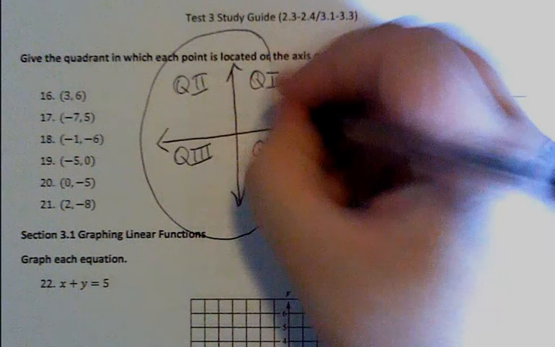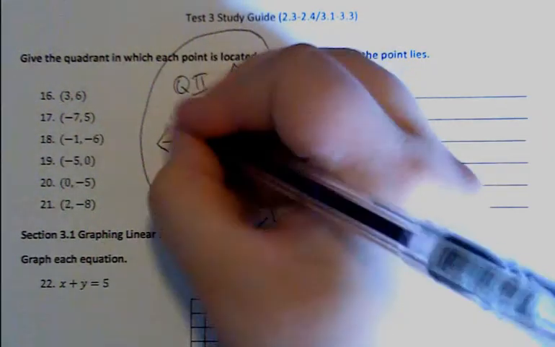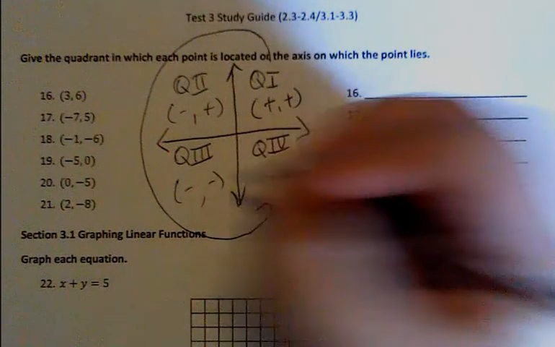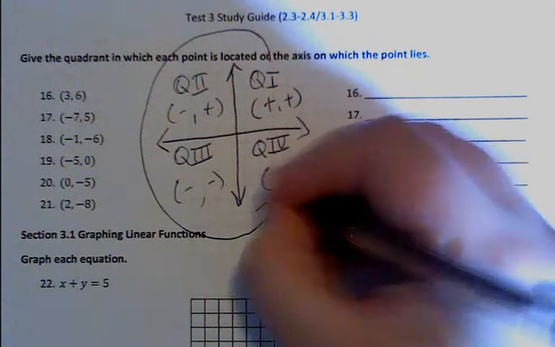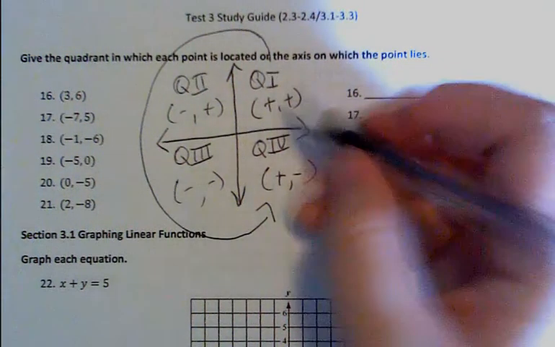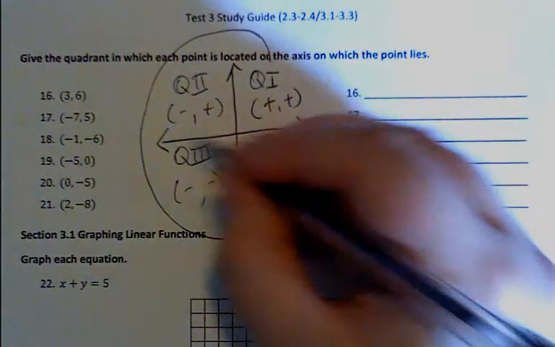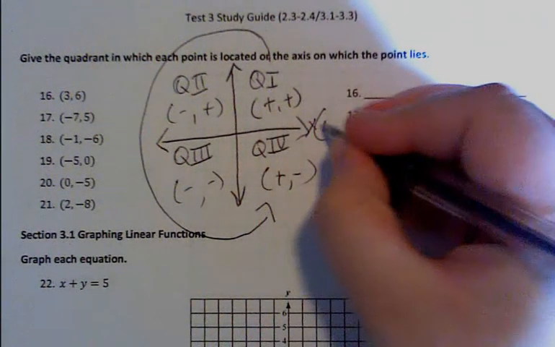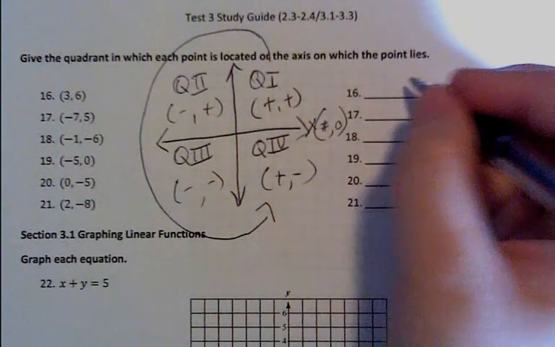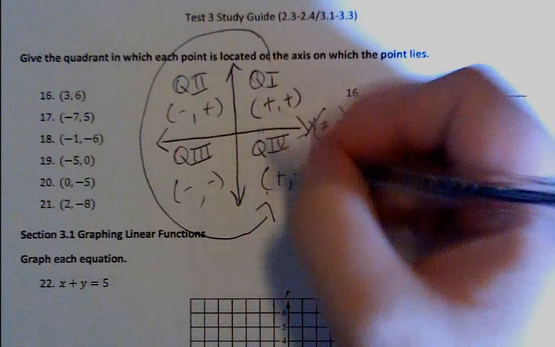If they lie in quadrant 1, then you would have a positive, positive. Quadrant 2 is a negative, positive. Quadrant 3 is a negative, negative. And quadrant 4 is a positive, negative. If something lies on the x-axis, then it would go however many numbers on the x-axis and then it would be a 0 for the y value, because if it went any other number up or down, it would no longer lie on the x-axis.